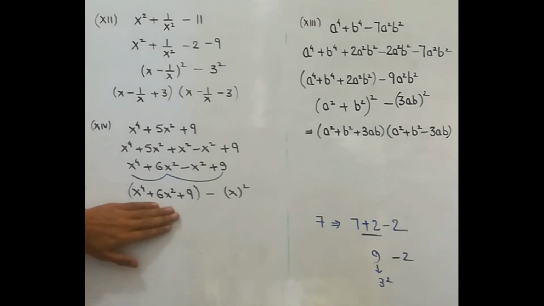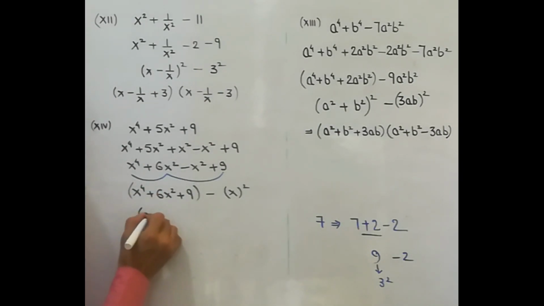Now if you watch this, this is a perfect square. This is your a square, x square whole square, that is a square. This is your b square and this is your plus 2ab. So this can be written as x square plus 3 whole square.